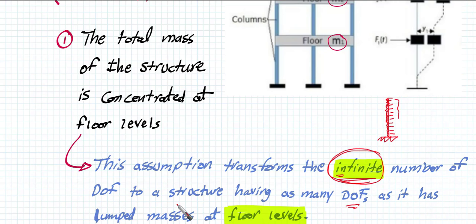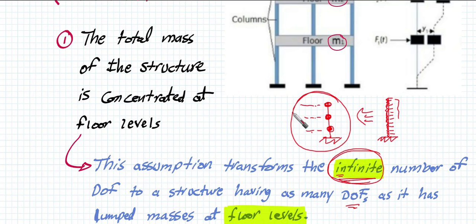But here we are making a nice idealization. We said, no, it's not like this. We are going to make big masses here at the floor levels. This means that we need only 3 differential equations in order to represent the motion of the entire system.